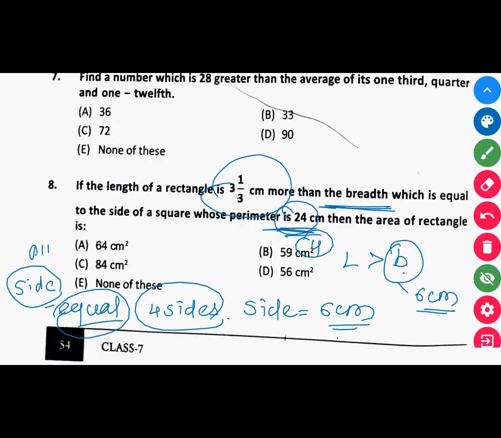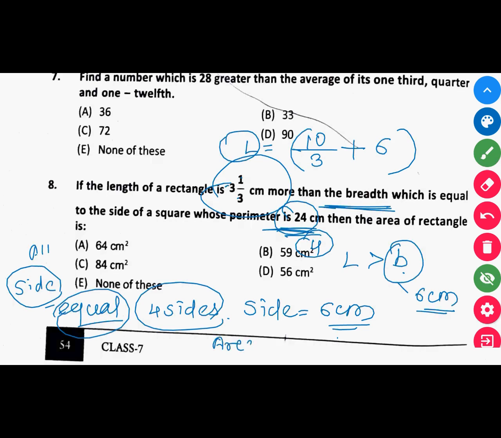Okay, so 3 3s are 9 plus 1, 10 by 3 more than the breadth is the length of the rectangle. Now what is the formula for the area of a rectangle?